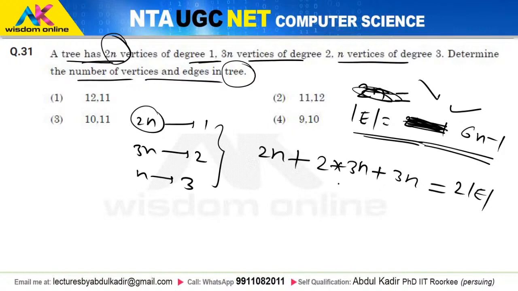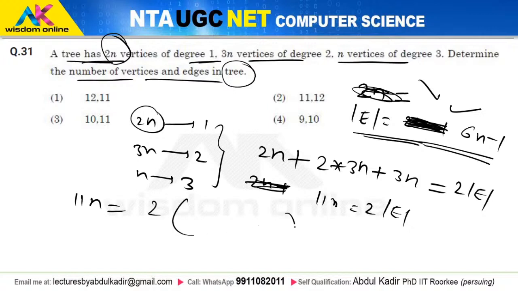So finally this is 2n plus 6n plus 3n, that is 11n, equal to twice the number of edges, which is 6n minus 1. So finally you will get, okay, I think I have made some mistake.